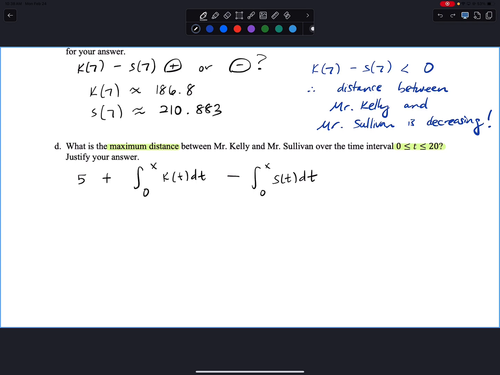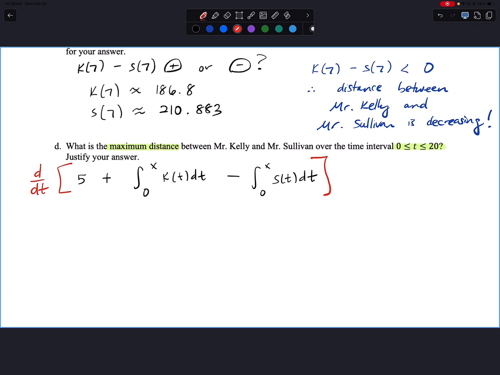Okay, so in order to find the maximum of something, so pretend like this is our f of x. What did we do back in Unit 5, Chapter 4, in order to find the max? What would you do to the equation? Take the derivative. So you need to take the derivative of this, and you're probably thinking, whoa, what the heck? But there's actually something nice about this. If I take the derivative of this, what's the derivative of 5? 0.